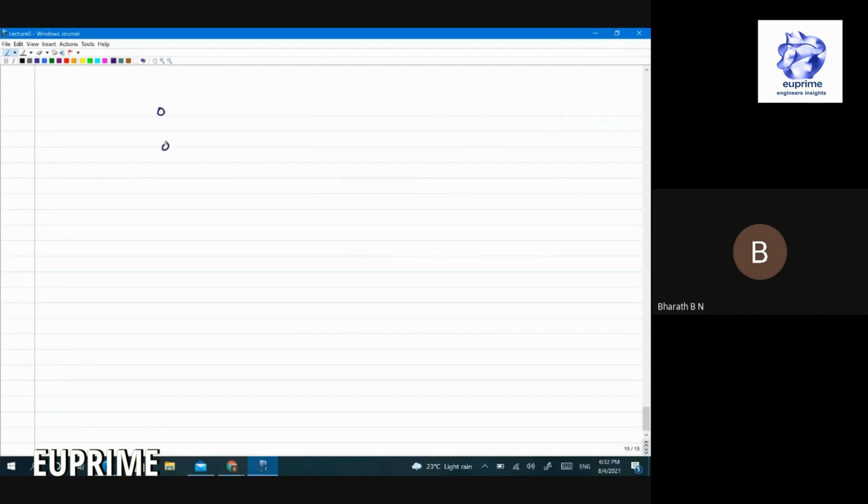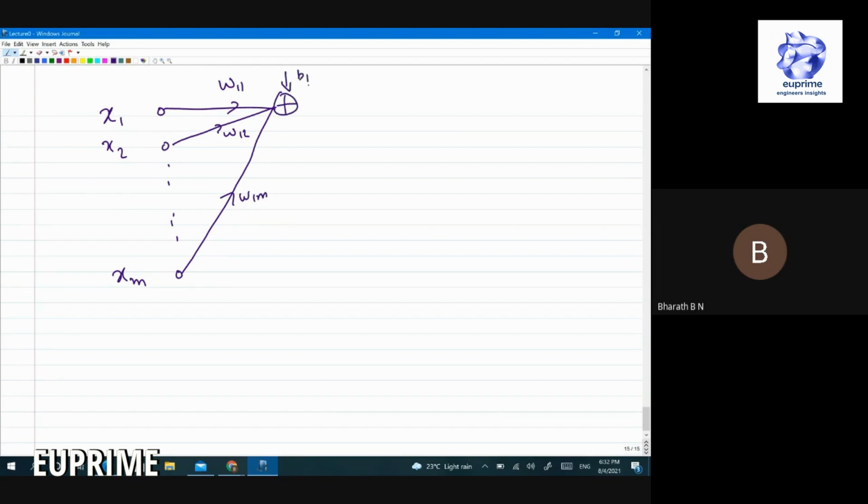Again, you have n points, x1, x2, up to xm. The first one would be W11, W12, up to W1M. I'm going to add a bias, let me call it B1, and a sigma, whatever, that's the output.